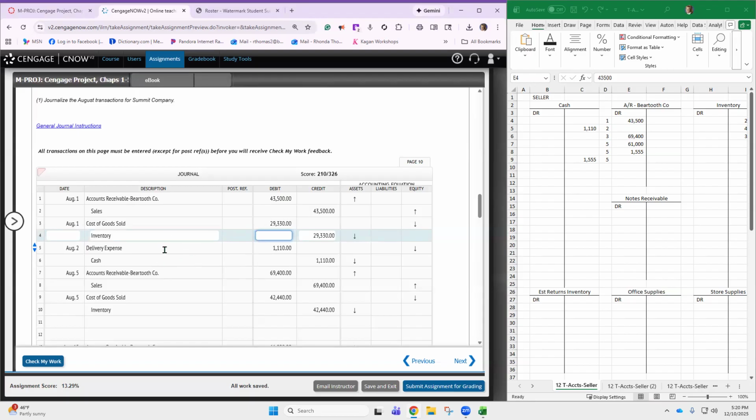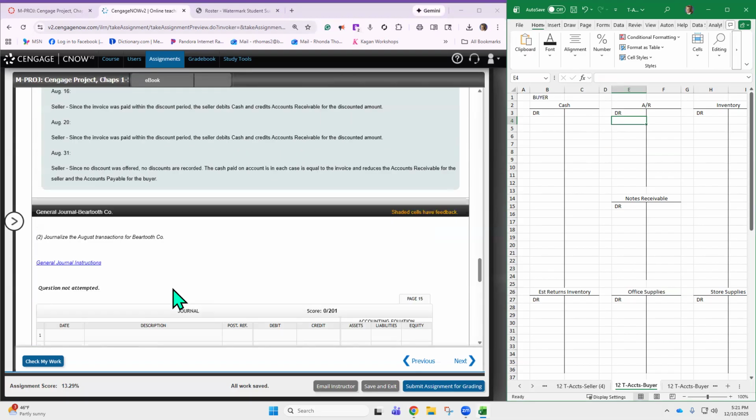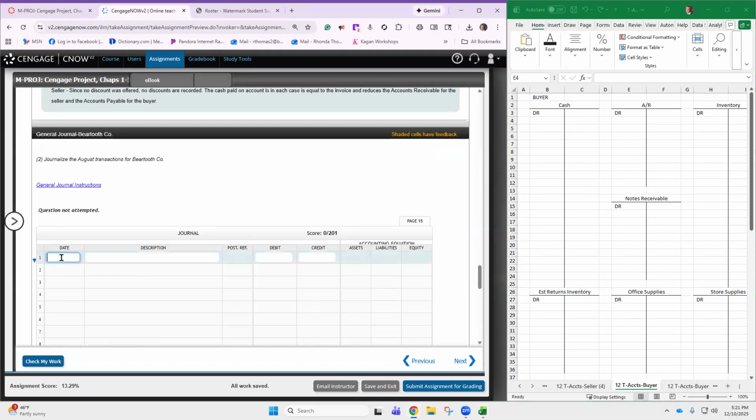Then August 2nd, okay, so now we're going to go to Beartooth and do August 1st. Everybody okay? So let's go to the buyer. So when a buyer, okay, it's a much shorter transaction, and we're going to do that journal entry down here. So go to the buyer journal entry page and put August 1st.